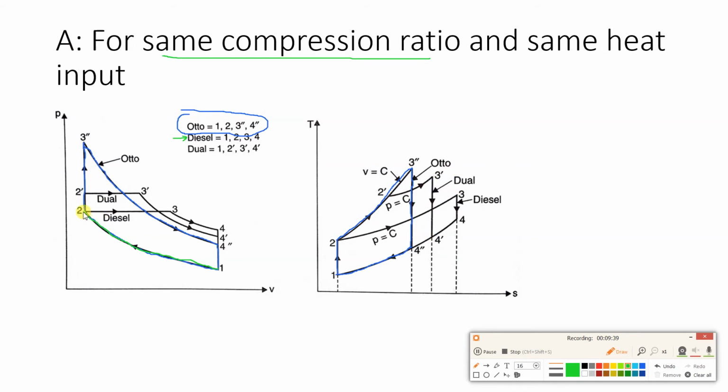Now this 2 to 3 is constant pressure heat addition in the diesel cycle. Then 3 to 4 is isentropic expansion, and 4 to 1 is constant volume heat rejection in the diesel cycle. So we have indicated the blue cycle as the Otto cycle and the green cycle as the diesel cycle.